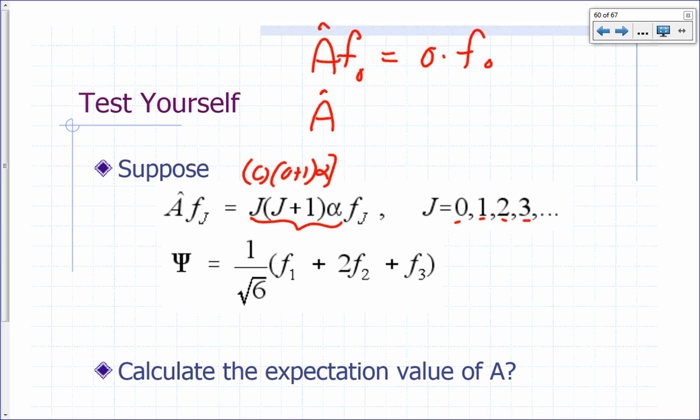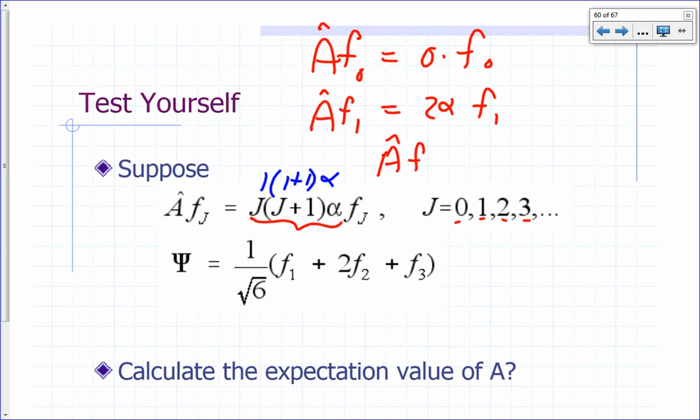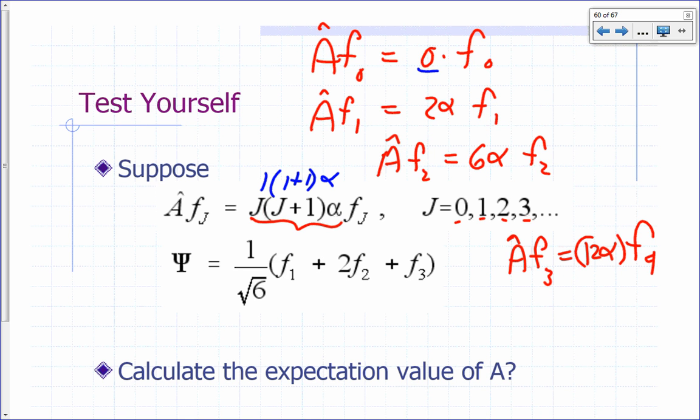What is A hat operating on f1? That's 1 times 1 plus 1 times alpha, so that's 2 alpha f1. What is A hat operating on f2? It's 2 times 3, so that's 6 alpha f2. What is A hat operating on f3? 3 times 4, so that's 12 alpha f3. So those are your possible outcomes, right? 0, 2 alpha, 6 alpha, 12 alpha, and so on.